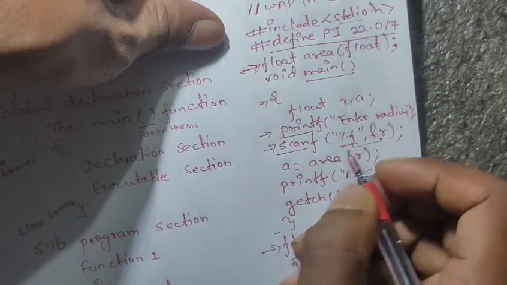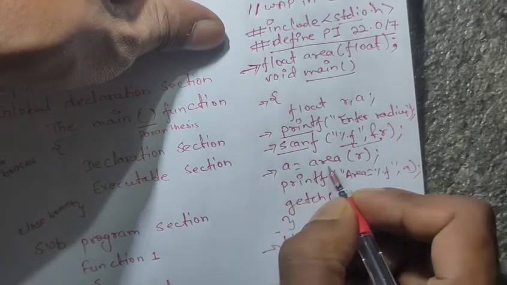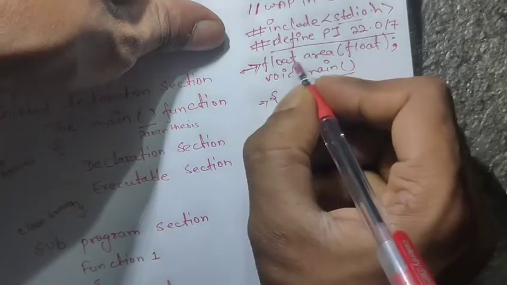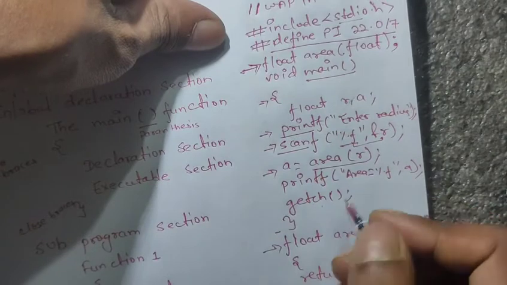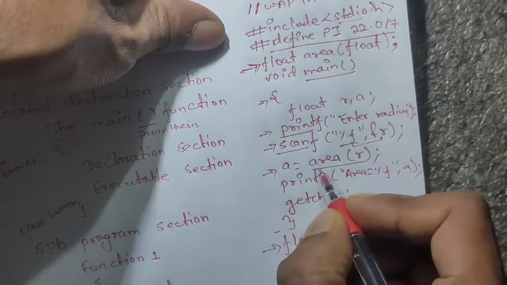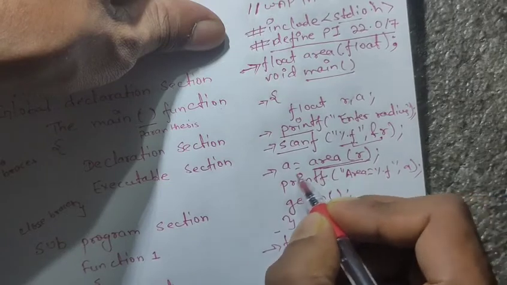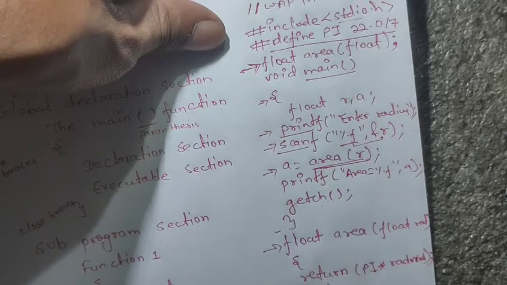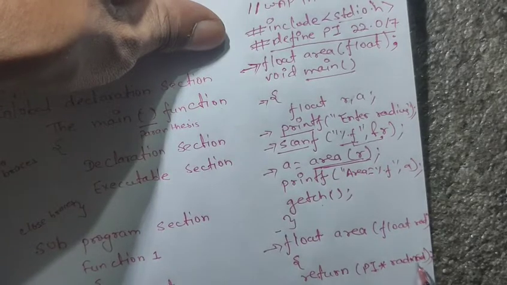So let's see another thing like a equals area of r. This is the function call, which we defined in the section above, and after calling the function, it will directly jump to where the function has been written. So what is written here? Pi into radius into radius.